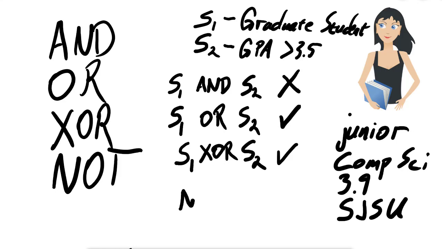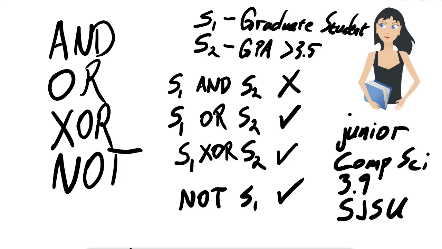So let's put a NOT S1 here, right? So is Stacy not a graduate student? Stacy is not. So she would be eligible if this were the case. Okay?